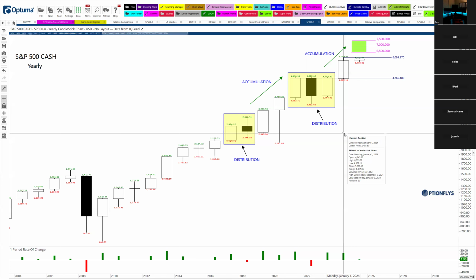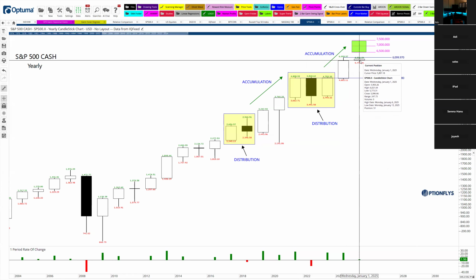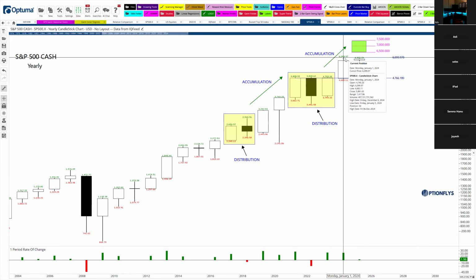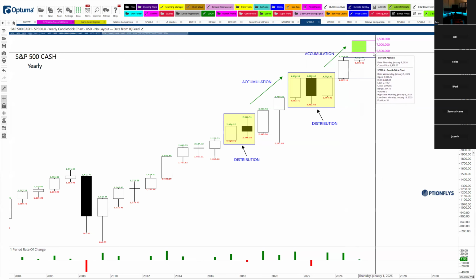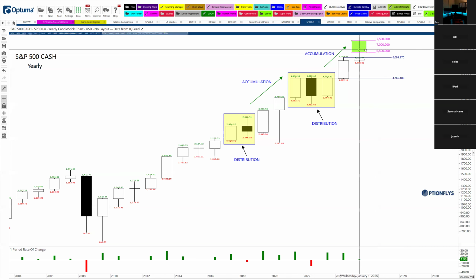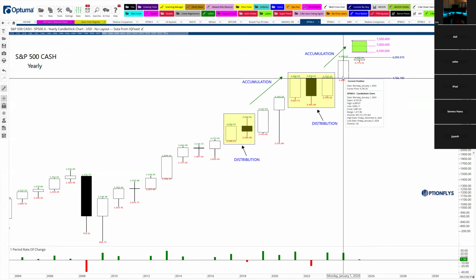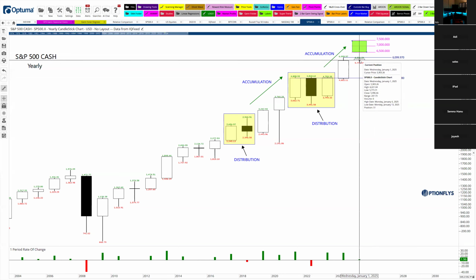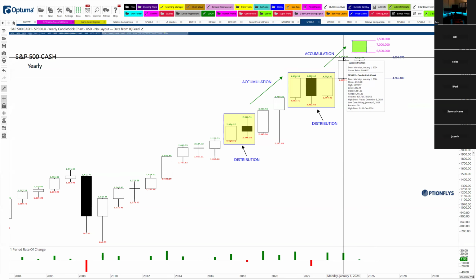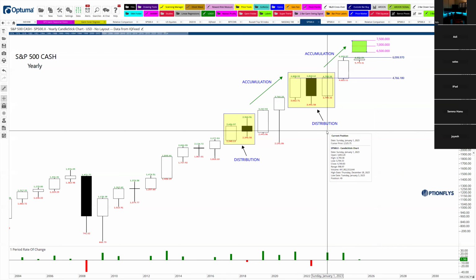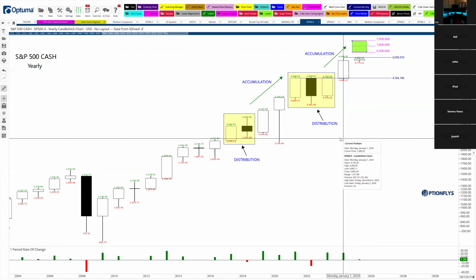So here we are now in 2025. We haven't made a new high yet. If we do, those are the upside projections that I have: 6,500, 7 to 7,500 for now. This is a 15-year high top, and that is completely relevant.